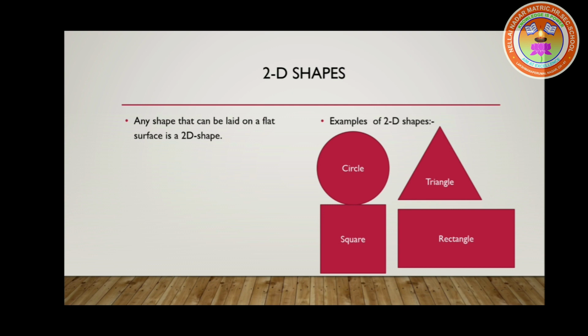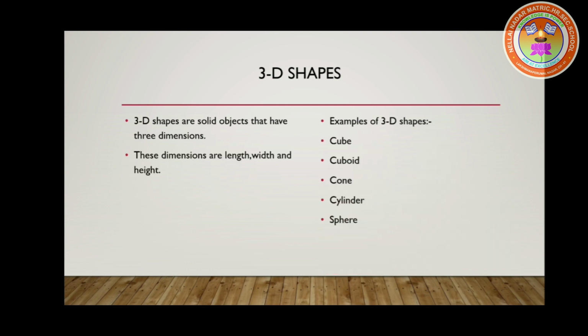Next, we will move on to 3D shapes. 3D shapes are solid objects that have three dimensions. These dimensions are length, width, and height. Examples of 3D shapes are cube, cuboid, cone, sphere, and cylinder.